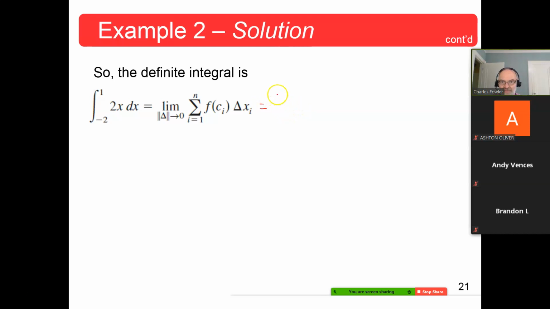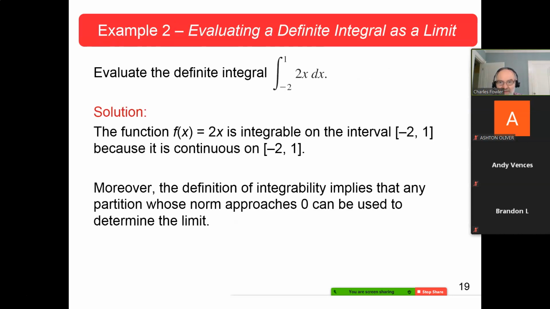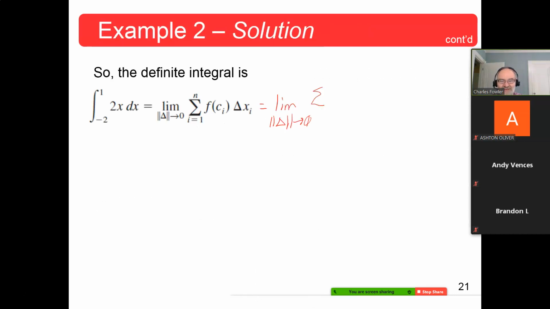That will be the limit as your norm is approaching 0 of the summation of, now the f, we forgot to do that one. Let's go back and get what the f function was. The f function was 2x, that's it.